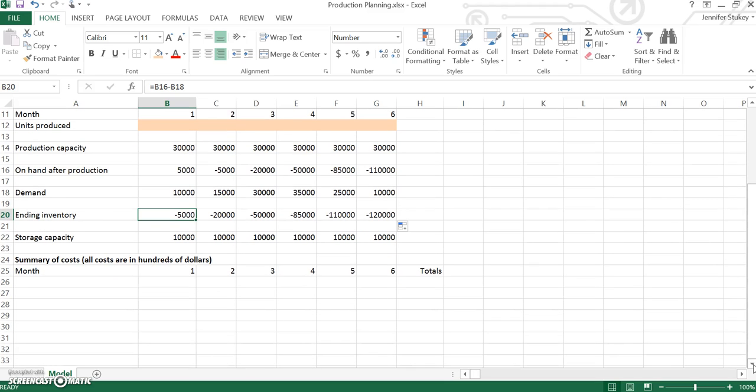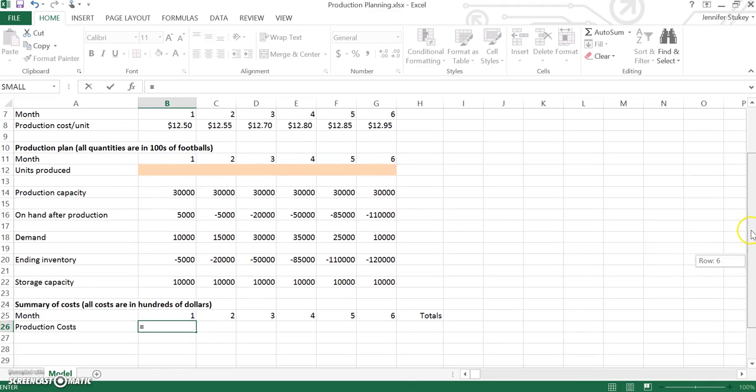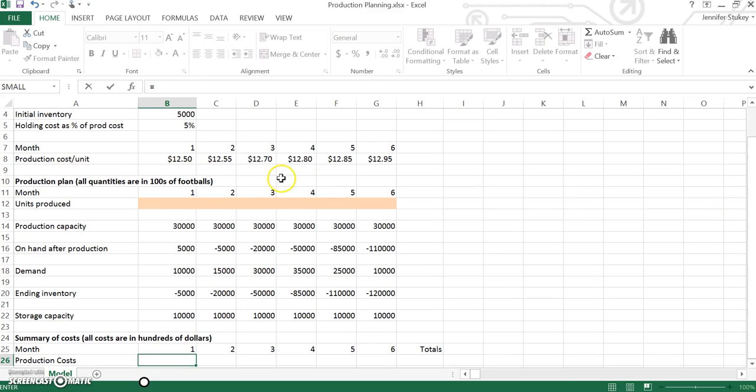So now we need to get a summary of the costs. So let's first calculate your production costs. Okay, so this is a pretty simple calculation. You take the number that was actually produced that month, which again, we don't have a value for, but just select the cell that the value is going to be placed in, and then you're going to multiply that by the production cost for that month.